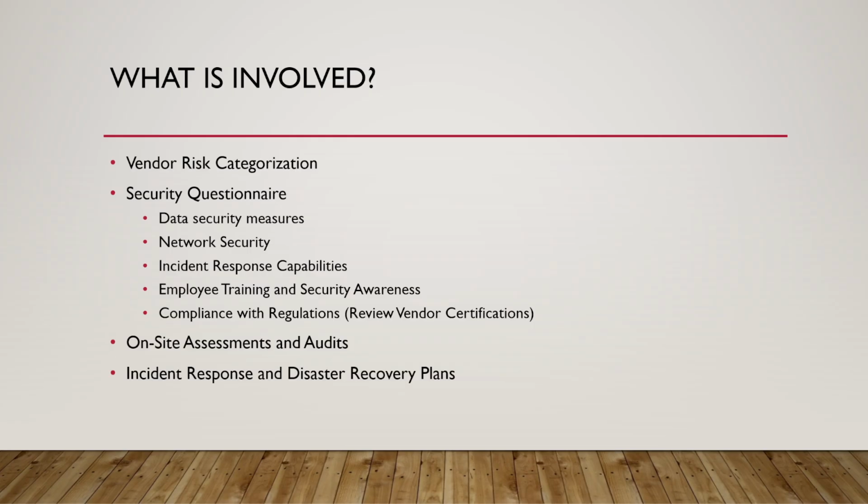We need to ensure that if they're handling sensitive information or providing critical services, or even having internal access to our own systems, that they are rated as a high risk, while others with minimal access could be rated as a low risk. Again, we're going to prioritize our vendors just like we do on our risk register, as we do with everything else in our environment.